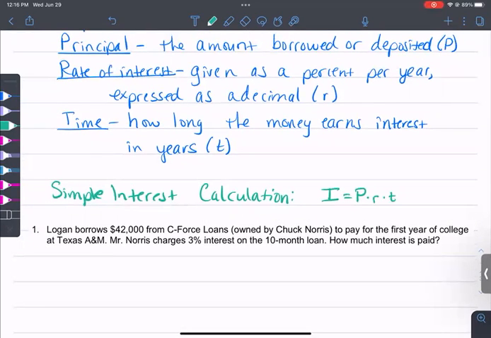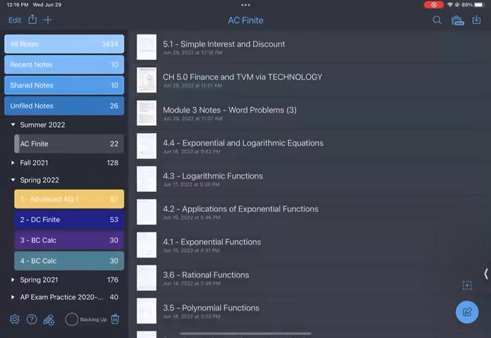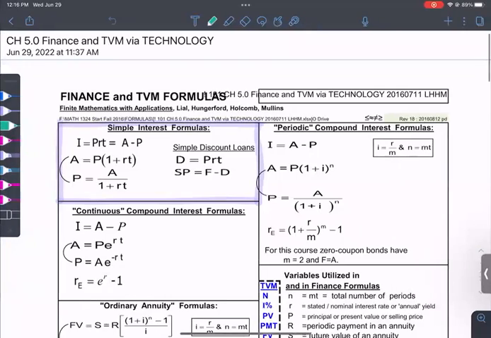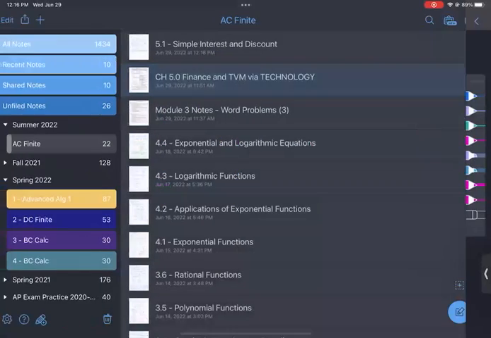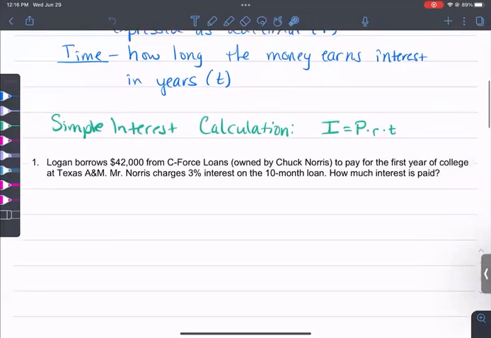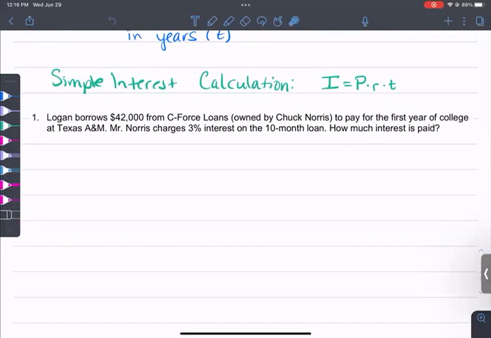As we go through module 3, you're going to rely really heavily on this formula chart that you can find in the folder. Particularly for today's lesson, we're talking about simple interest. You don't necessarily need those formulas memorized. You just need to know where to find them and how to use them.